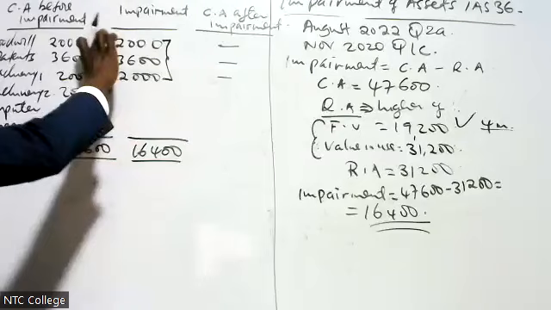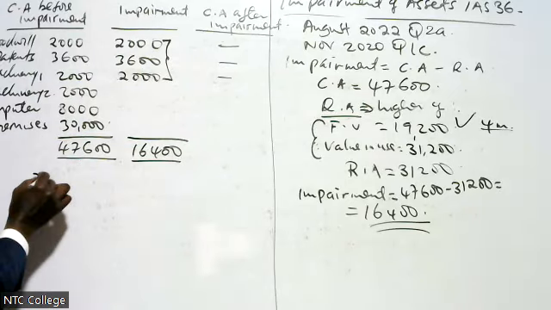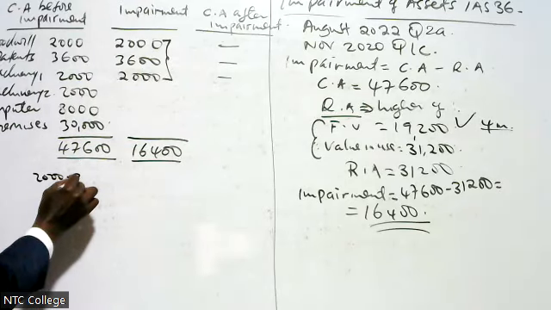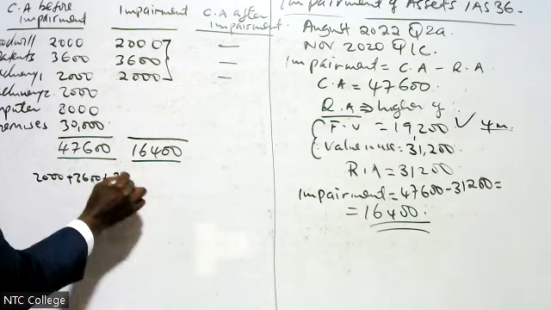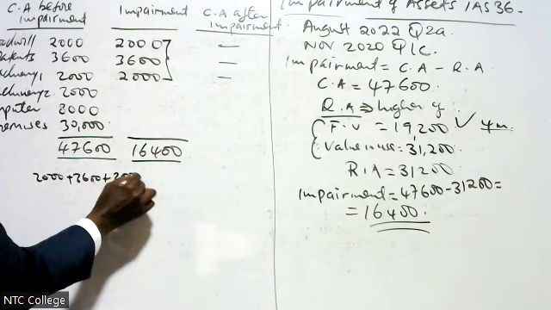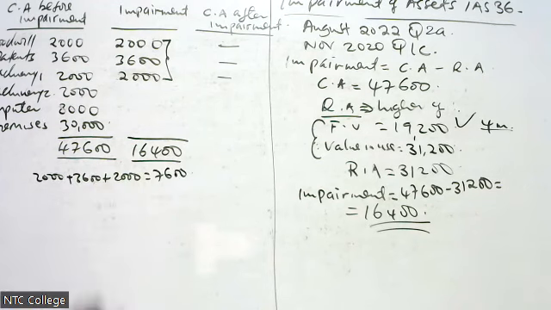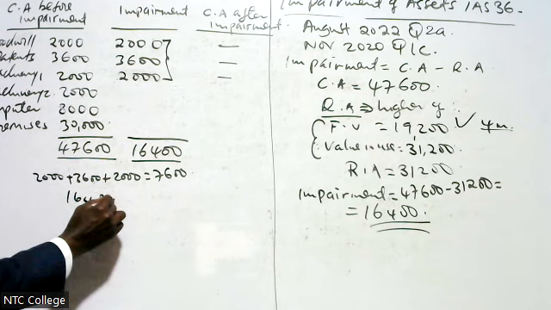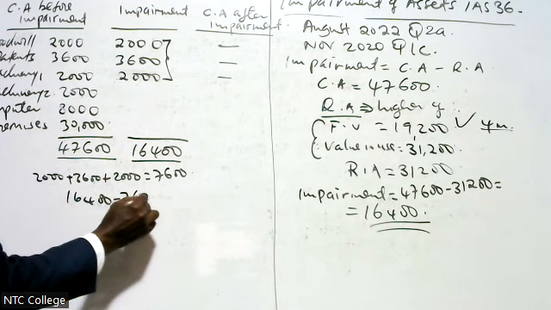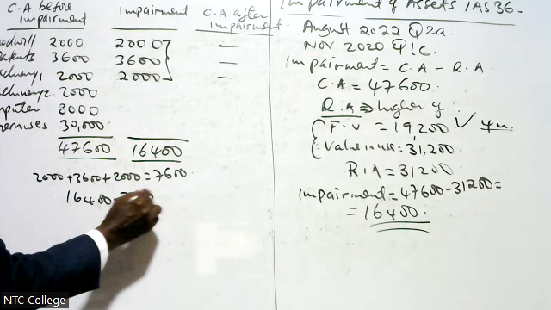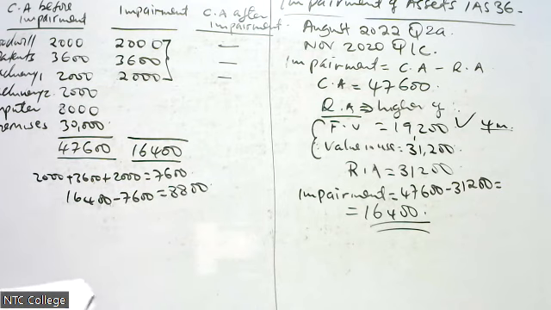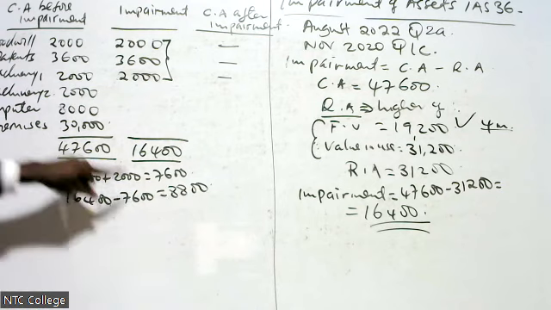Therefore, this one will be 2,000 plus 3,600 plus 2,000, which gives me 7,600. That is the impairment that I have seen. Now, out of 16,400, I minus 7,600, I have 8,800. The impairment that is remaining unallocated is 8,800.